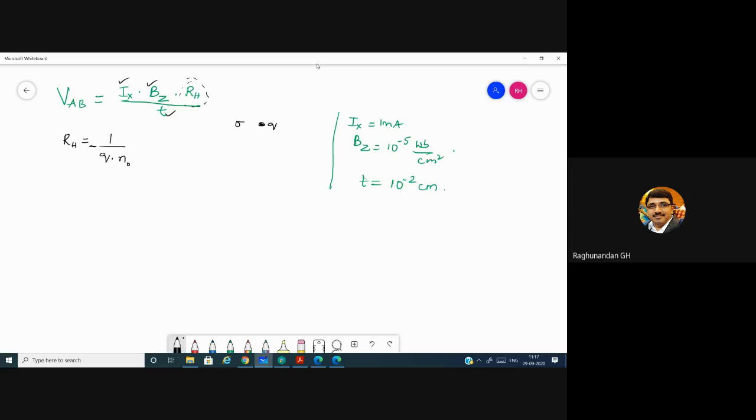Why didn't I use a minus sign in conductivity, but I'm using a minus sign in the Hall coefficient, that is RH? That is the question. It might look like I keep on asking questions, but you should know this. Otherwise, you'll not know where to put minus and where not to put minus.